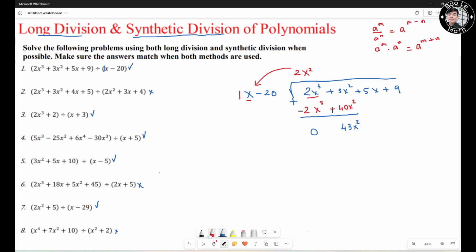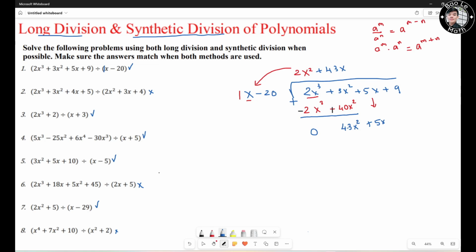You're going to bring this down, plus 5s. Now 43 divided by 1 is going to be plus 43. s squared divided by s is going to be s.